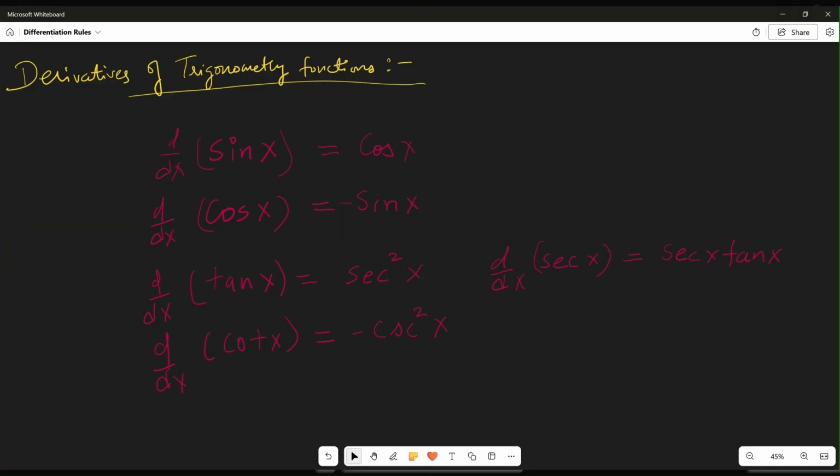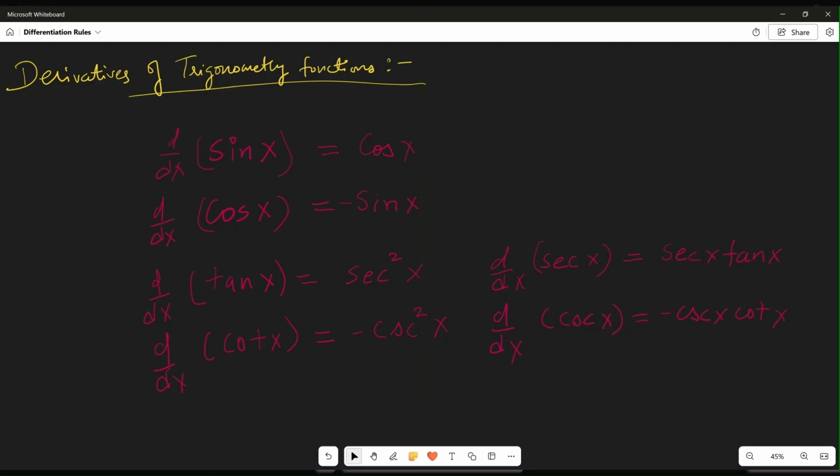And the derivative of cosecant x is the negative of cosecant x times cot x. Isn't this the best way to memorize, right?